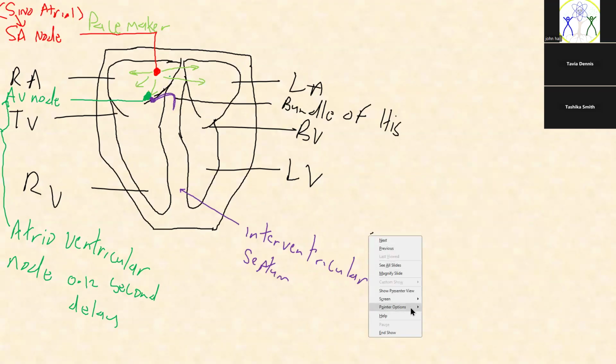Now the signal runs down the bundle of His and eventually splits into two sections. And each one of these sections goes into a different ventricle. Okay? So we have two parts.